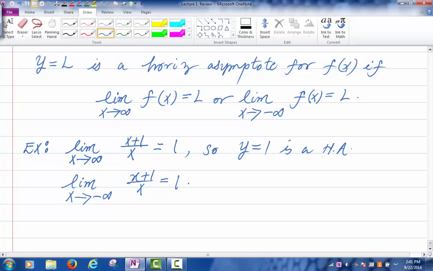So I don't get a different horizontal asymptote; I get the same horizontal asymptote in both cases. If these two limits are different, then I have two distinct horizontal asymptotes. Am I making sense? Okay.